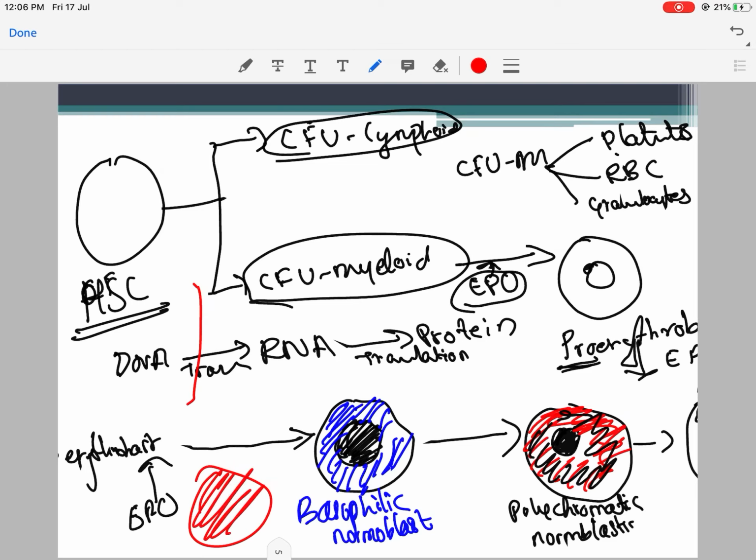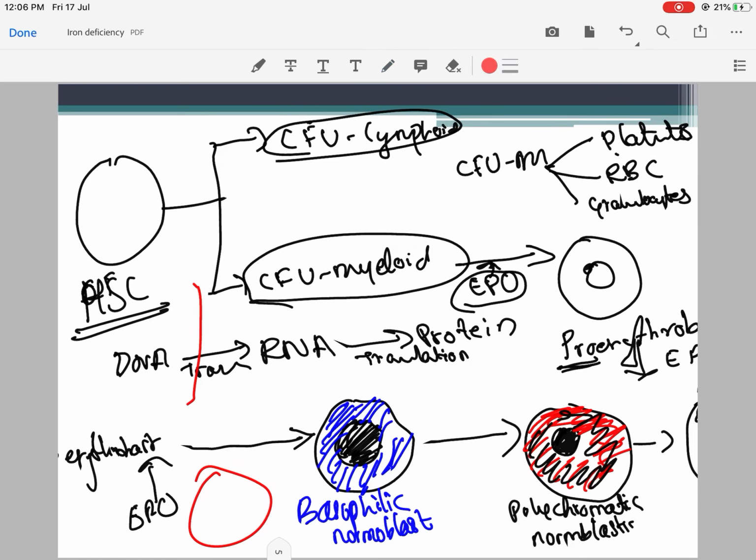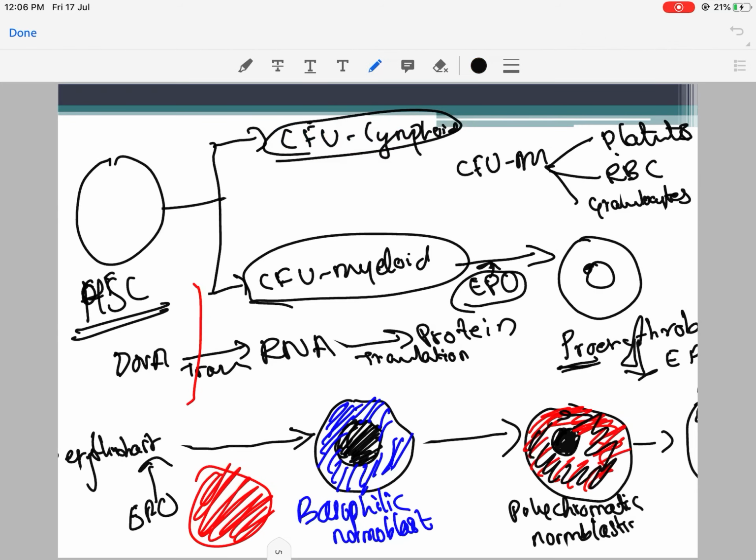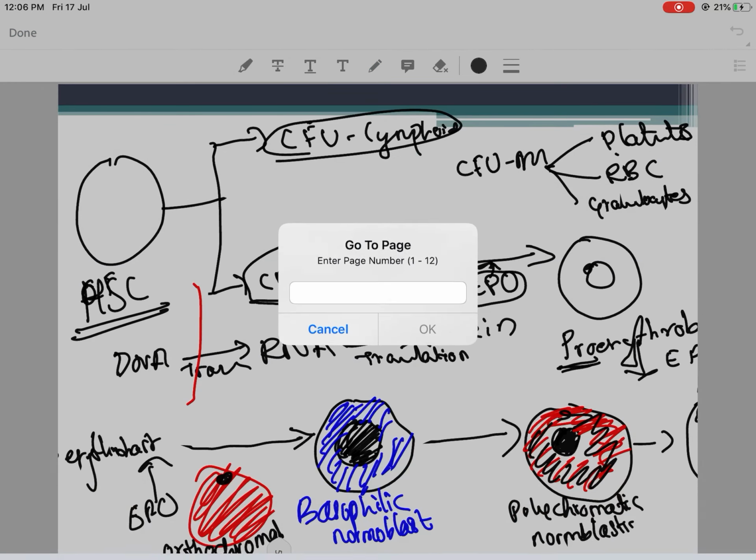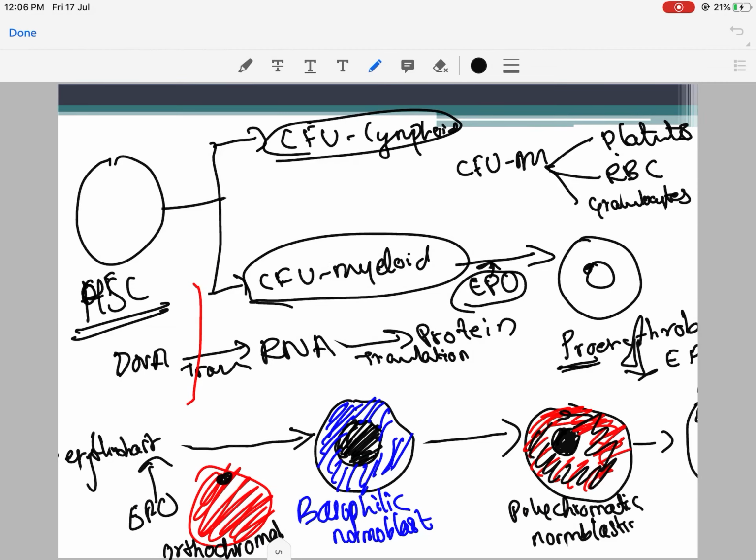Small nucleus, which is present eccentric. This is called orthochromatic normoblast. So the first stage was proerythroblast forming basophilic normoblast, then polychromatic normoblast, then orthochromatic normoblast.